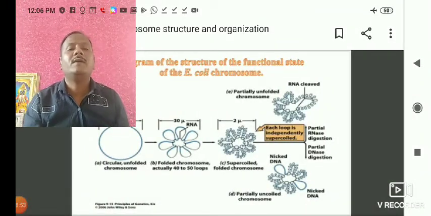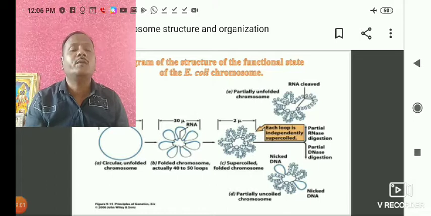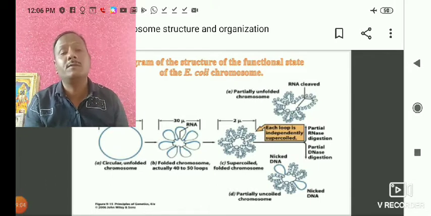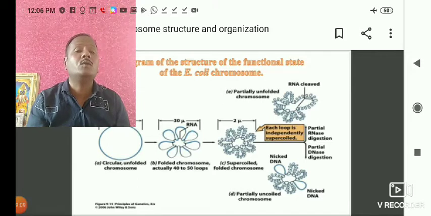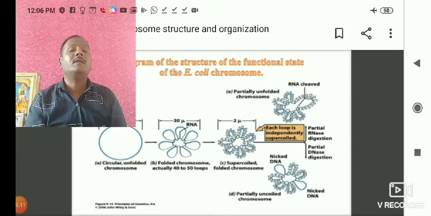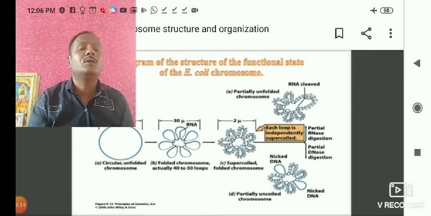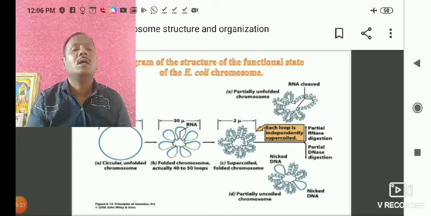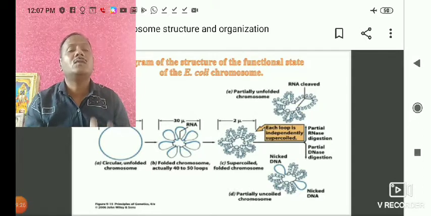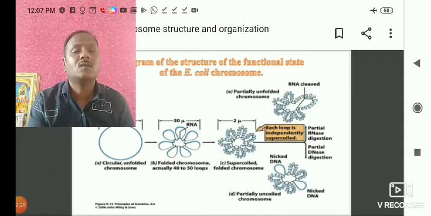Changes means it further undergoes folding, and a number of loops form. After that, each loop has a number of loops, that is, supercoiled loops. When the supercoiled chromosome of E. coli is further treated with RNase and DNase enzymes, there is a specific RNA cleaved and nicked DNA, and that looks like supercoiled structures.